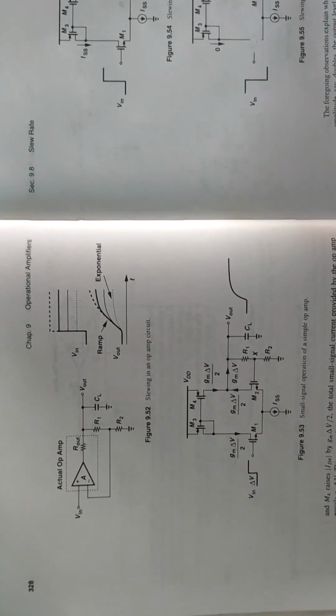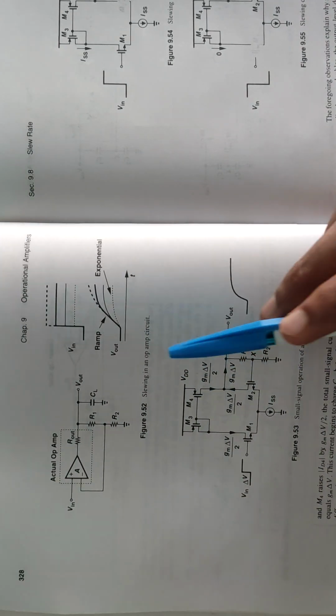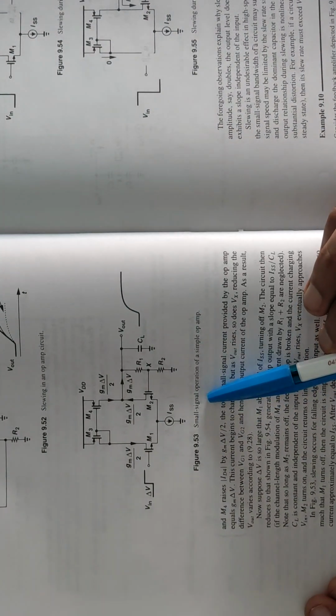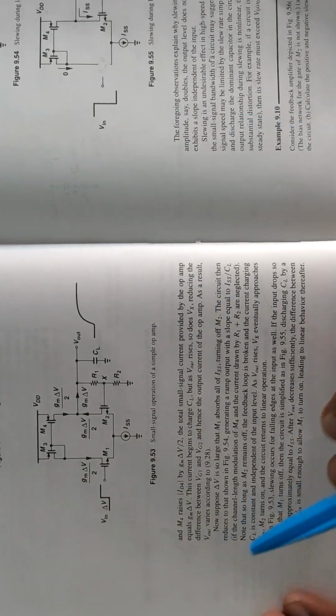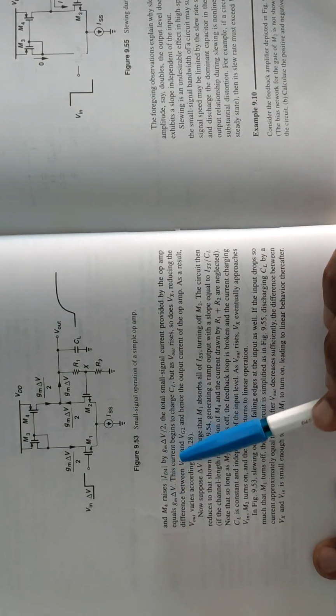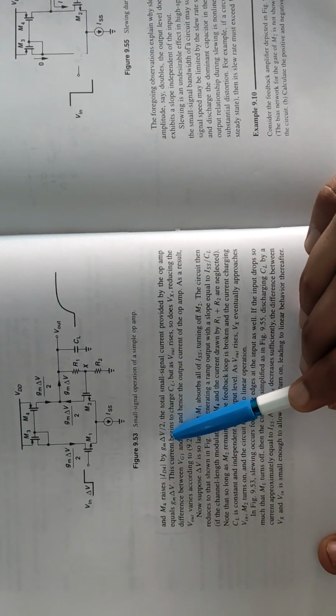Here you can see in this figure slewing in an op-amp circuit, small-signal operation of a simple op-amp. M4 raises ID4 by gm delta V by 2.